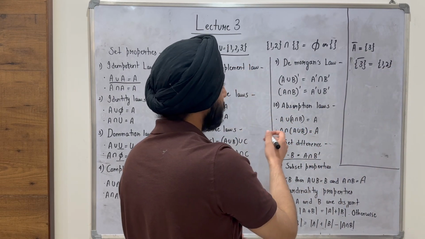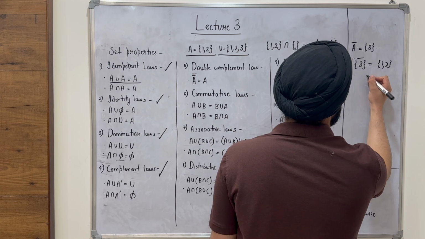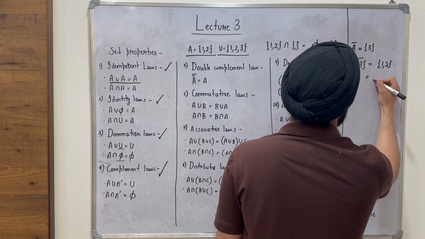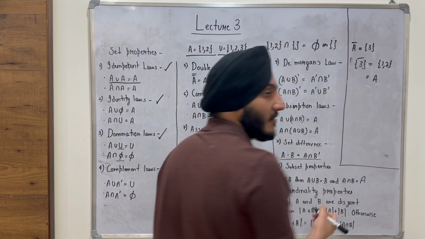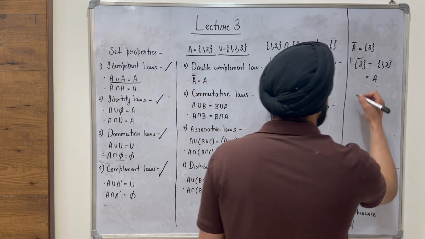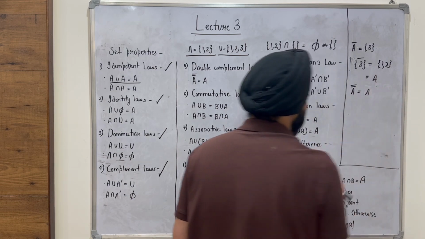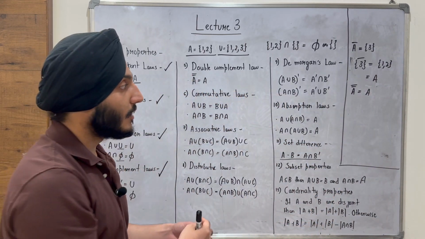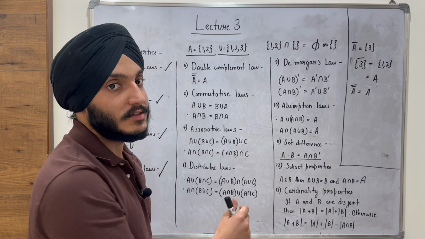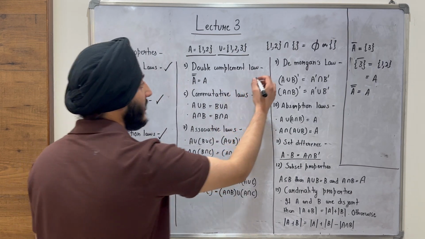So this is exactly the same as A. Basically, it means that A double complement is equal to A. If I take the complement 2 times, it's going to result in the same set once again. I think this is a pretty easy law to understand.